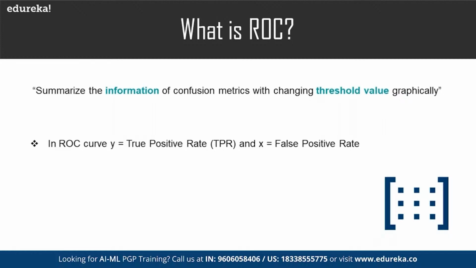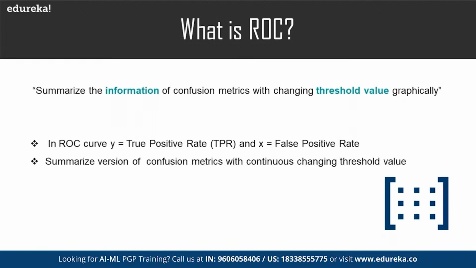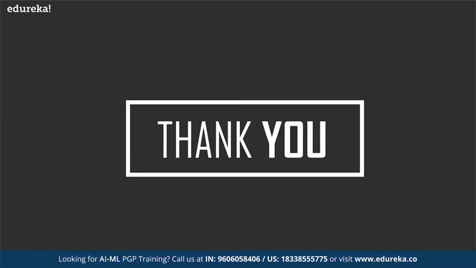In our ROC curve, y is equal to the true positive rate, as I talked about already, and x is equal to the false positive rate. So we summarize the different versions of confusion matrices with continuously changing threshold values.